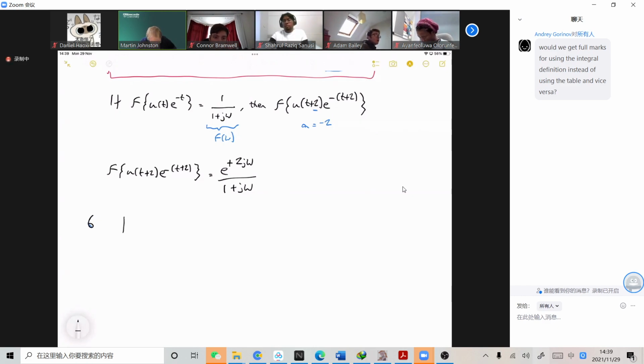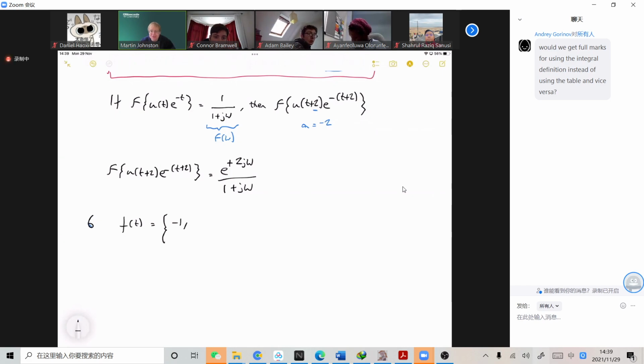I'm going to do one of these. I'm going to do the quicker one of the two. And in this case, you've got something which at first glance looks like the sigmoid function, but isn't, because it only exists between t equals -1 and +1.